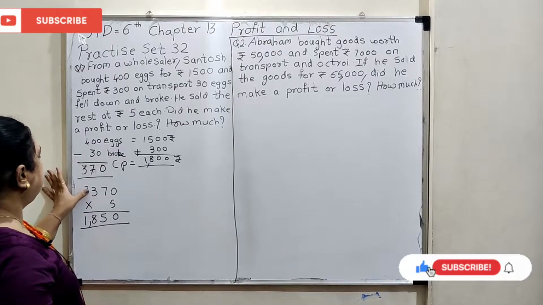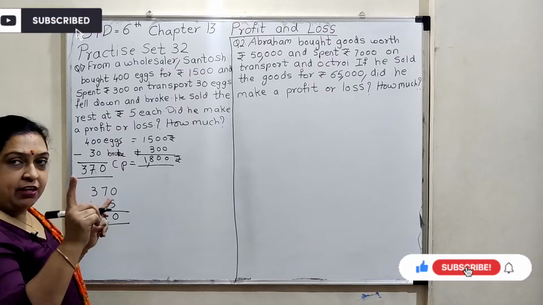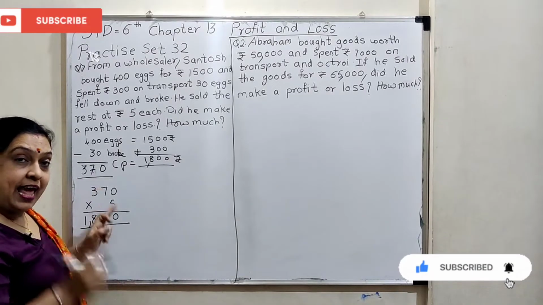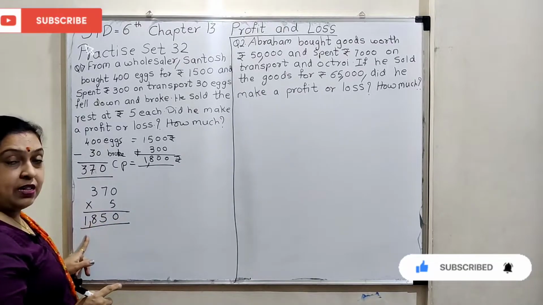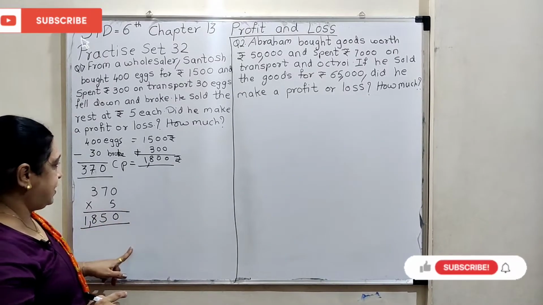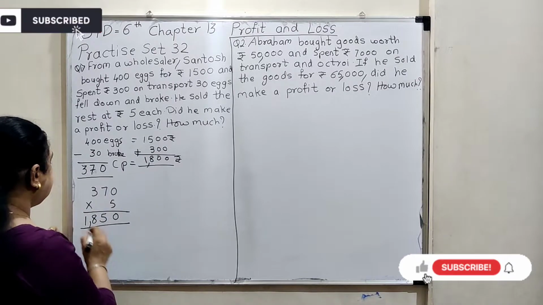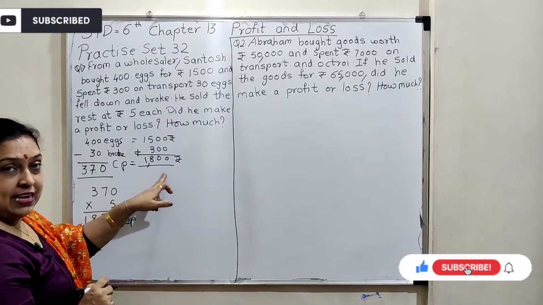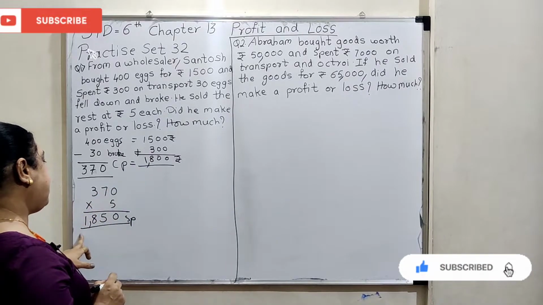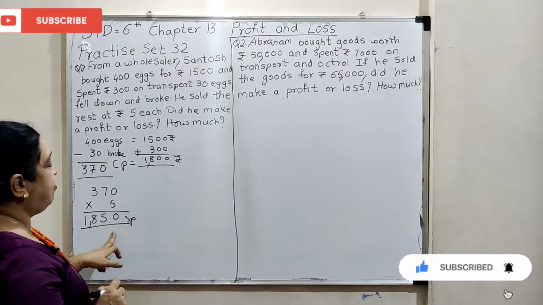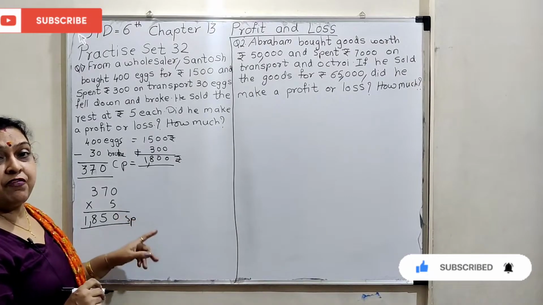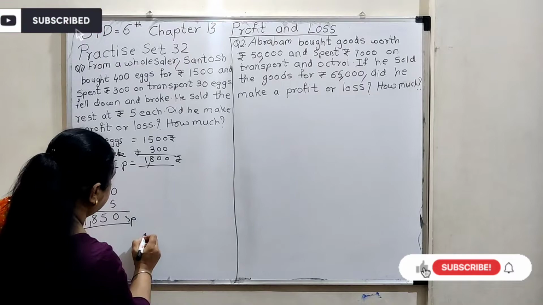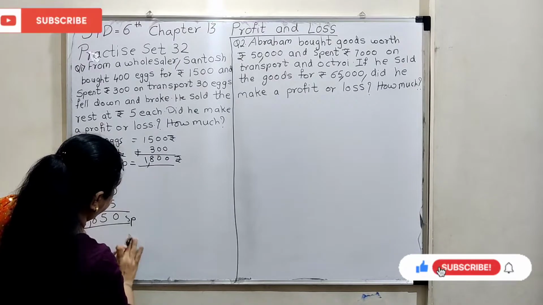When he sold one egg for 5 rupees and there were 370 eggs, the amount is 1850 rupees. This is the selling price. So the cost price was 1800 rupees and the selling price is 1850. Did he make a profit or a loss?